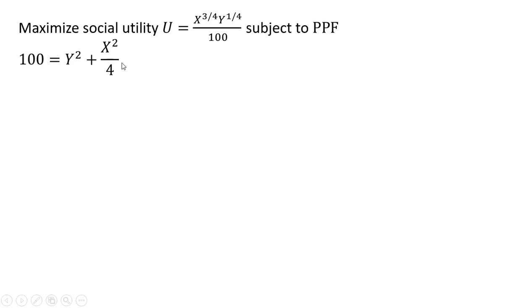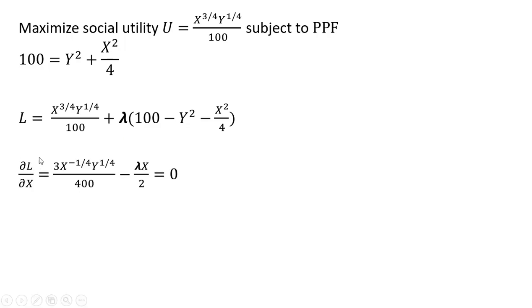All right, so what we're going to do now is maximize the social utility function that we derived earlier, subject to the constraint, which is the production possibilities frontier we saw in the last slide. We can set up a Lagrangian to do that. Now we're going to take a series of partial derivatives.